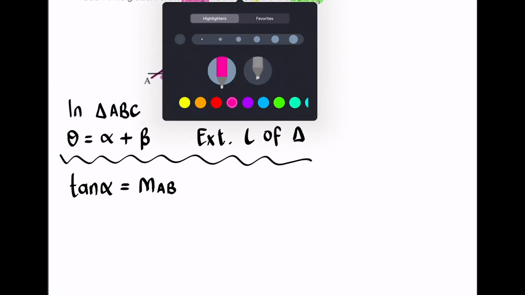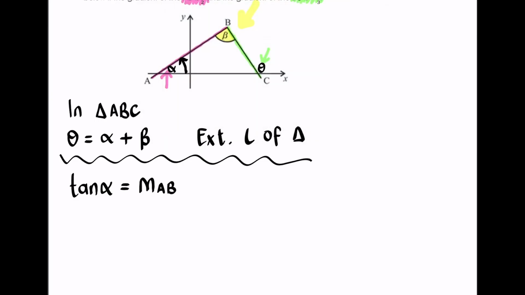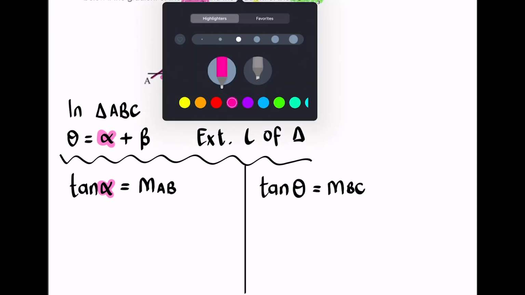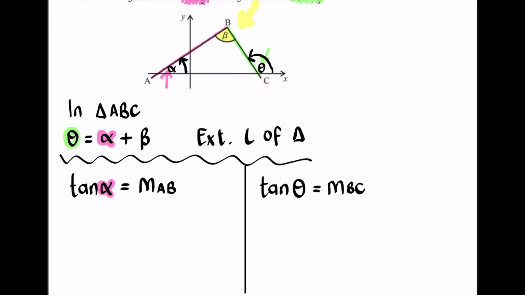So I'm going to be able to calculate alpha. And then also, I will be able to say that theta is the angle of inclination of BC, which means that tan theta is equal to the gradient of BC. So now I'm going to be able to calculate theta, which is then going to enable me to calculate beta.